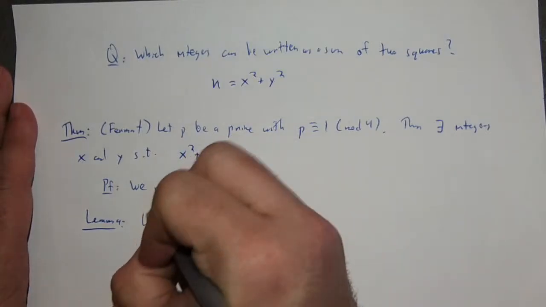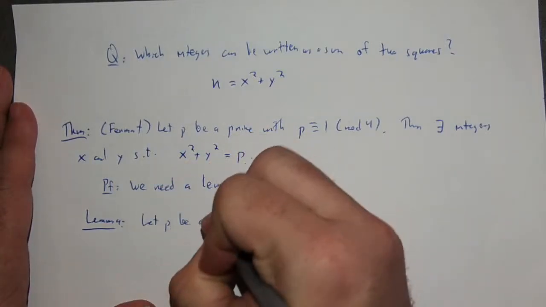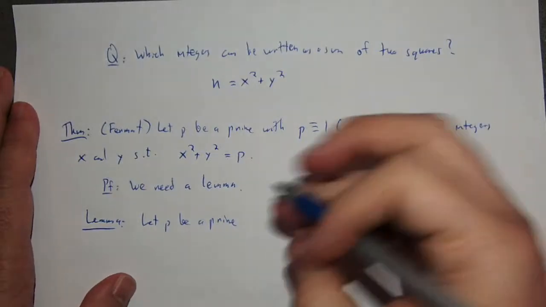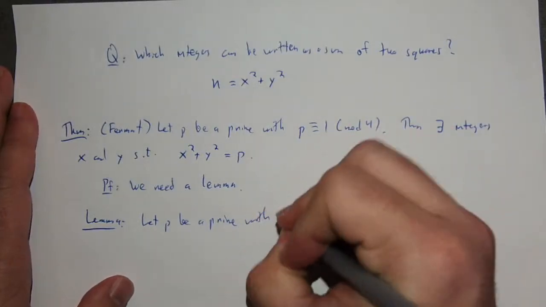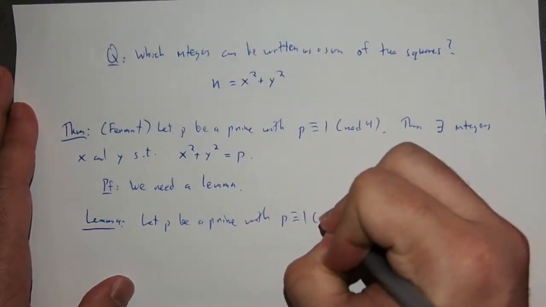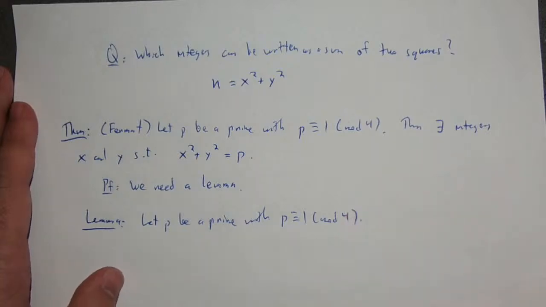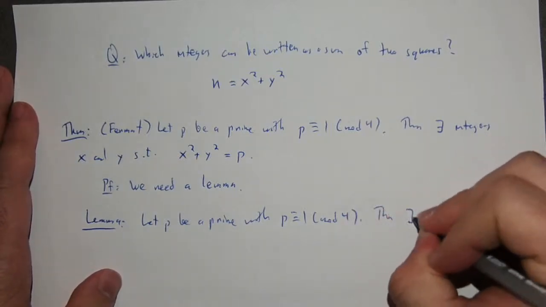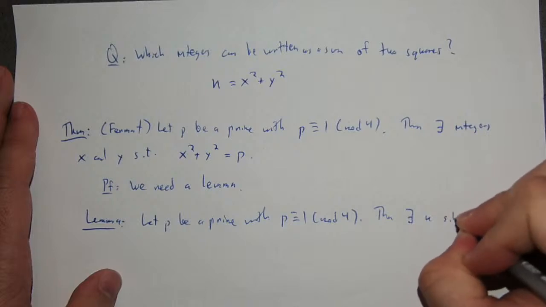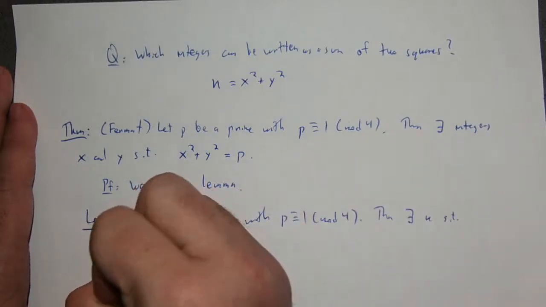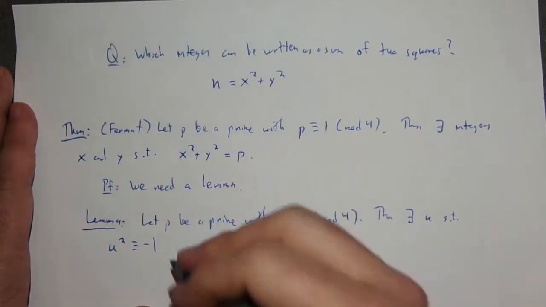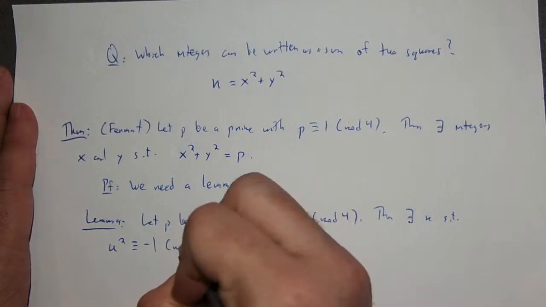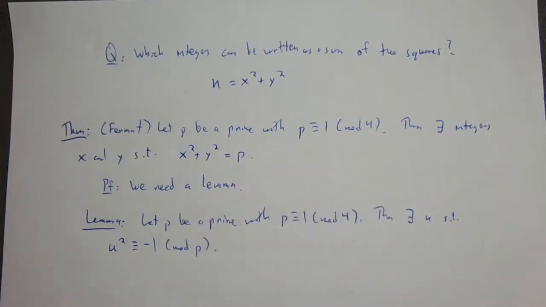Let P be a prime with P congruent to 1 mod 4. Then there exists U such that U squared is congruent to minus 1 mod P. How do I prove this?